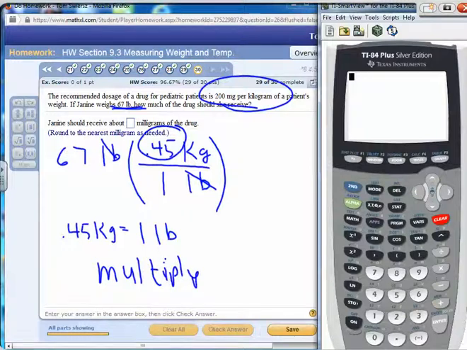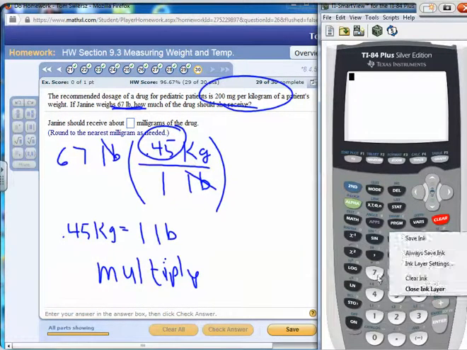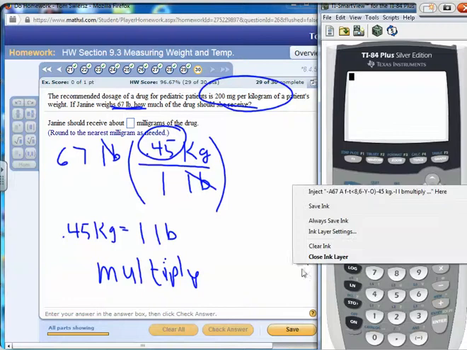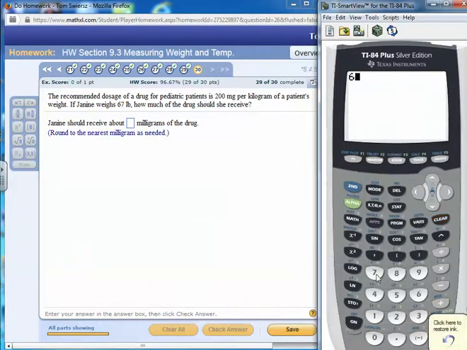Okay, so we're going to take 67 pounds and multiply by 0.45 to get the number of kilograms. 67 pounds times 0.45 gives us a number of kilograms, which is 30.15.